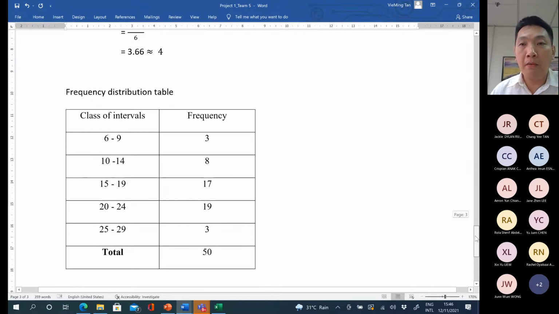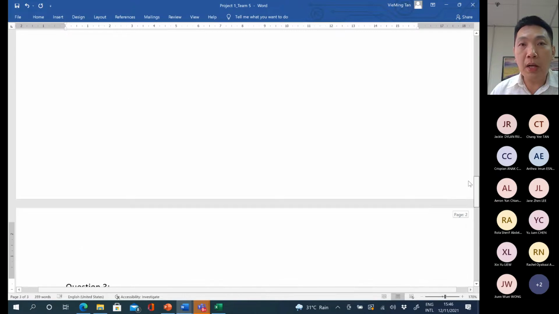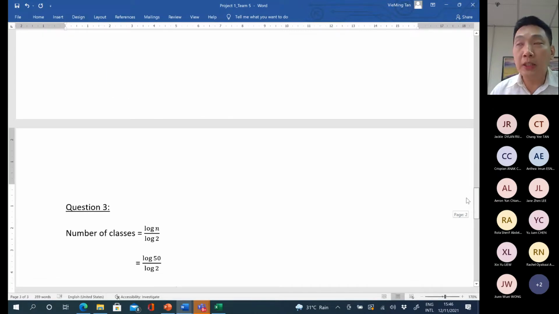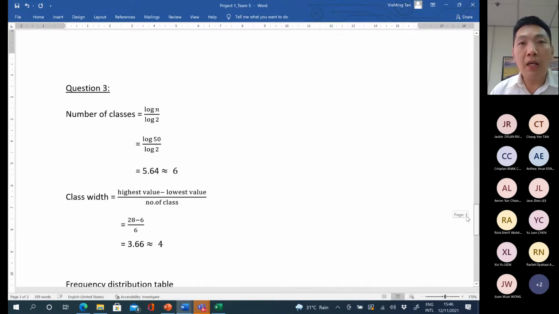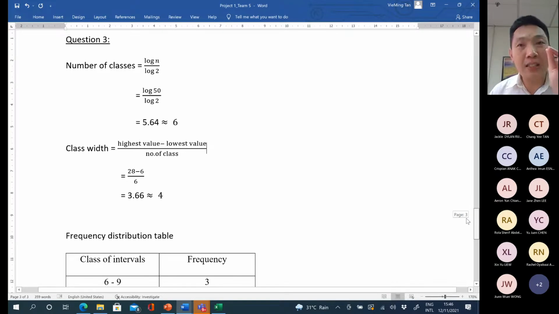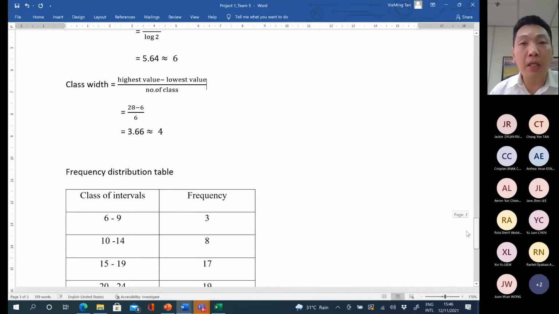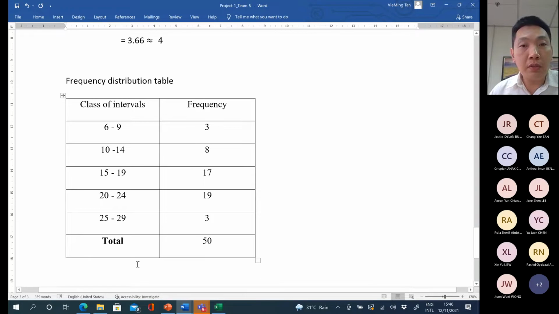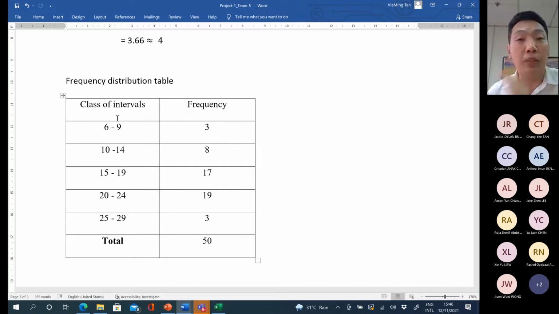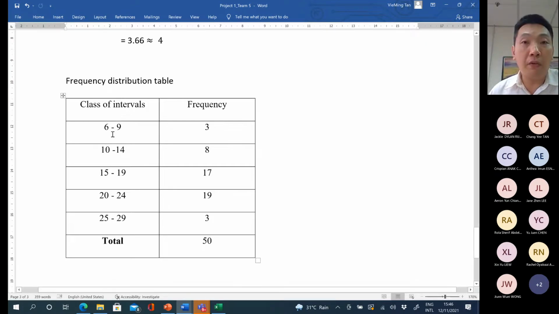Bear in mind for this question, you are asked to build the distribution table with the appropriate class intervals. That means your class value should be in the range format. It should not be a single score, because some of the groups provided the class value with a single score, which does not fulfill the requirement of this question. Then you cannot get full mark for your group.